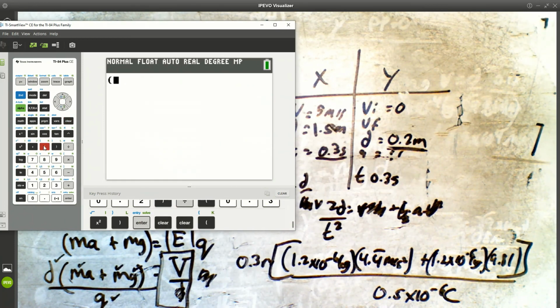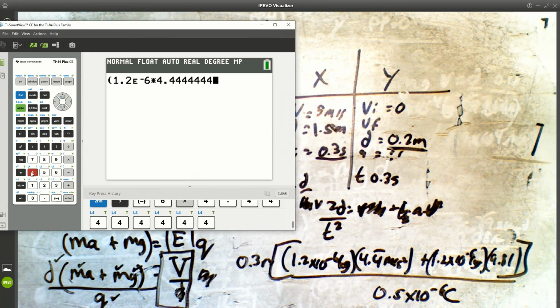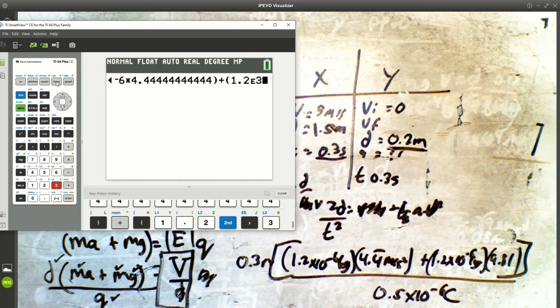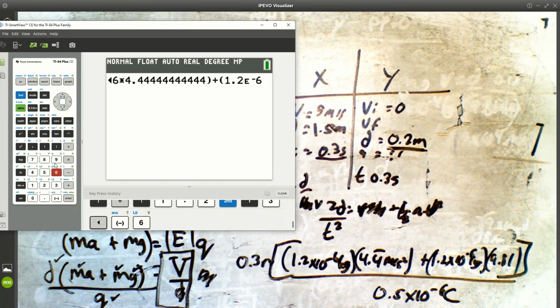So I'll do the stuff in the brackets first. 1.2 e negative 6 times 4.4 repeated. Oops, got rid of my answer, so I'll just do a whole bunch of 4s. 1.2 times 10 to the negative 6 times 9.81.